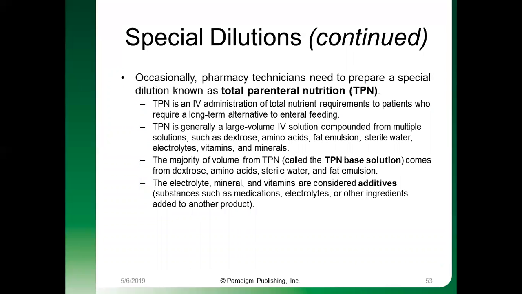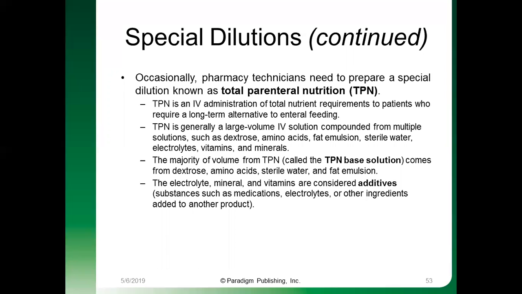Occasionally, pharmacy technicians need to prepare a special dilution known as total parenteral nutrition, TPN. A TPN is an IV administration of total nutrient requirements to patients who require a long-term alternative to enteral feeding.